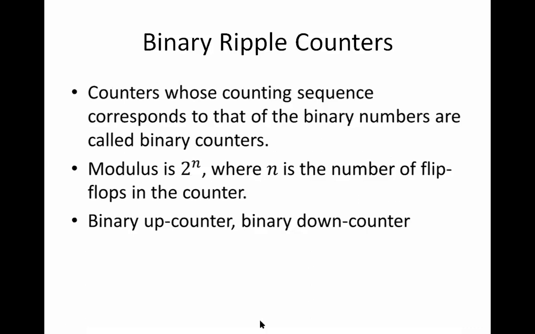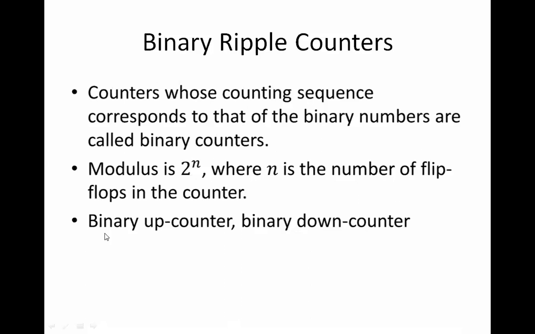So we are connecting the output, which means it is actually dependent on the previous flip-flop, right, in asynchronous. But in synchronous, that's not the case, isn't it? We are looking into a single clock driving all the flip-flops. Fine. So here you have modulus 2^n, where n is the number of flip-flops in the counter.